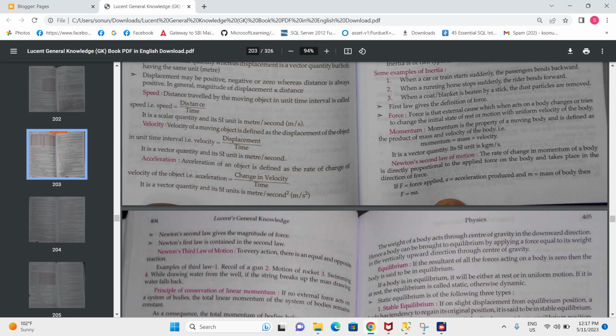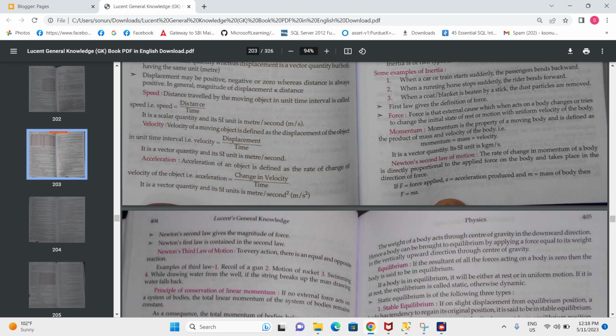So what is momentum? Momentum is mass into velocity. So we need the change in momentum. Initially, mass will always be constant, mass never changes, but velocity gets changed. So initial momentum is mass into velocity v1, and last momentum is mass into velocity v2.